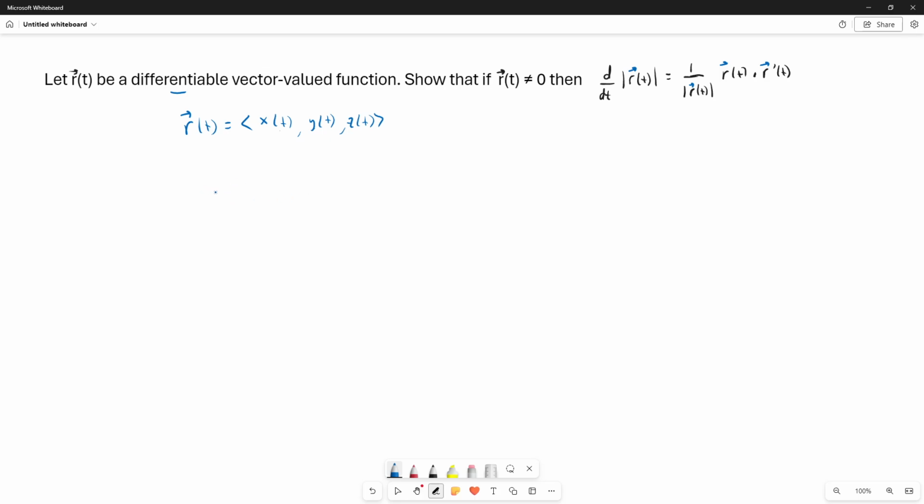So recall that the magnitude of a vector is the dot product with itself, and then square root, because this would be the magnitude squared, so square root. And the magnitude of R of t is an ordinary function of one variable.